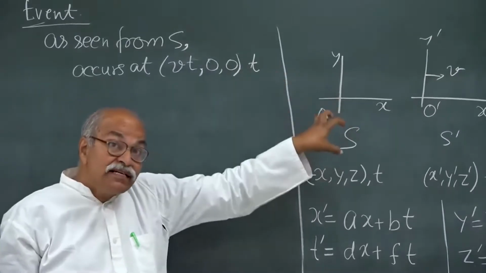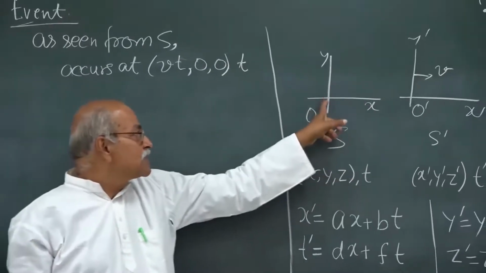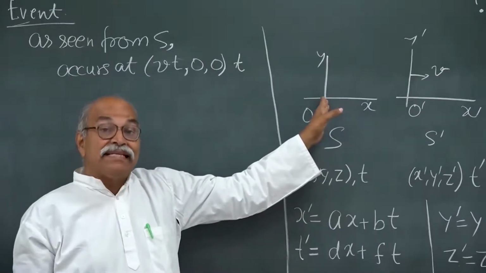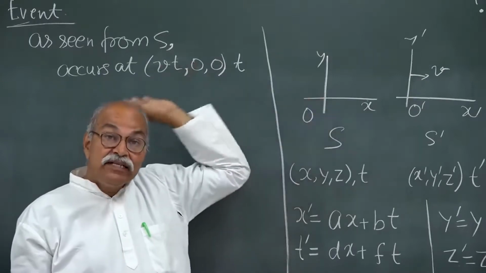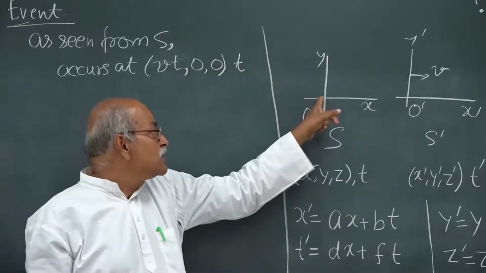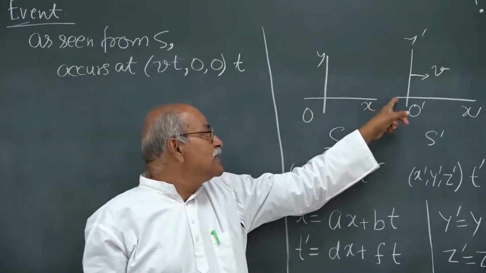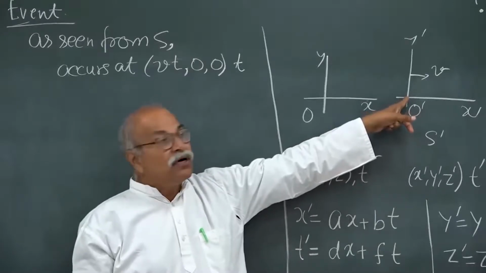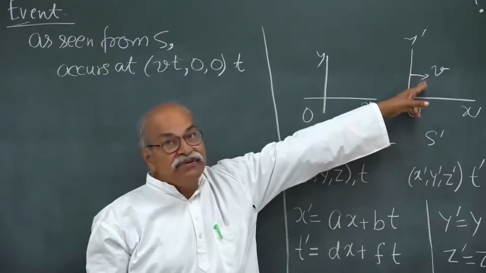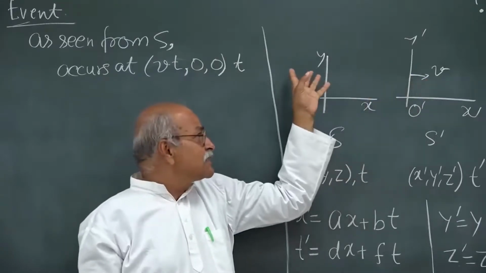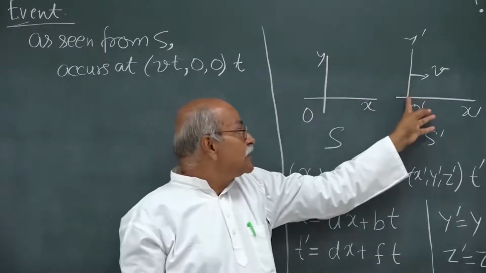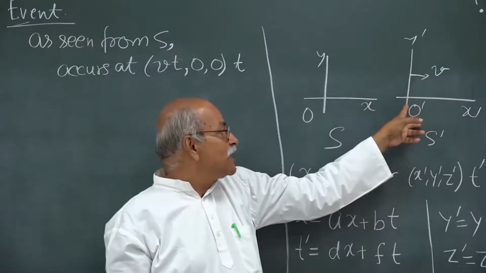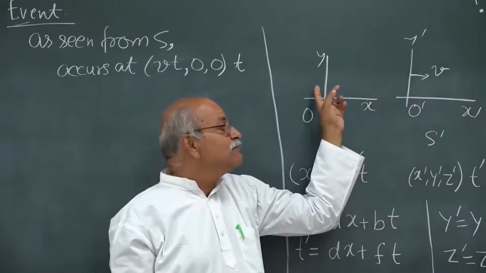So, with that t equal to 0, when origin O prime was crossing O, that was t equal to 0 here, and then an event occurred at time t, where (vt, 0, 0), that means from here vt distance away on the x axis, and that is the position of O prime, because this S prime is moving with velocity v as seen from S. So, as seen from S, this origin O prime is also moving with velocity v, and hence the origin O prime will move v into t distance in time t.